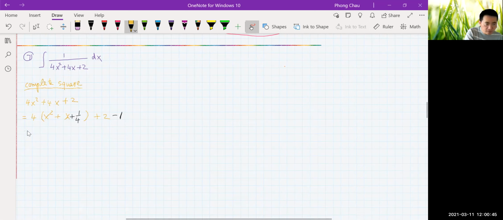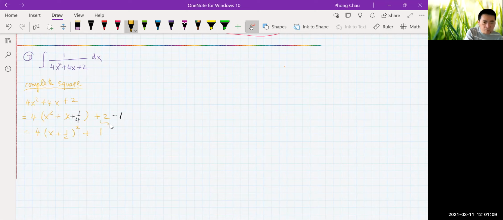So after I do that, then you see what's inside now is a perfect square trinomial. So that would become x plus 1/2 quantity squared plus 2 minus 1, which is 1.